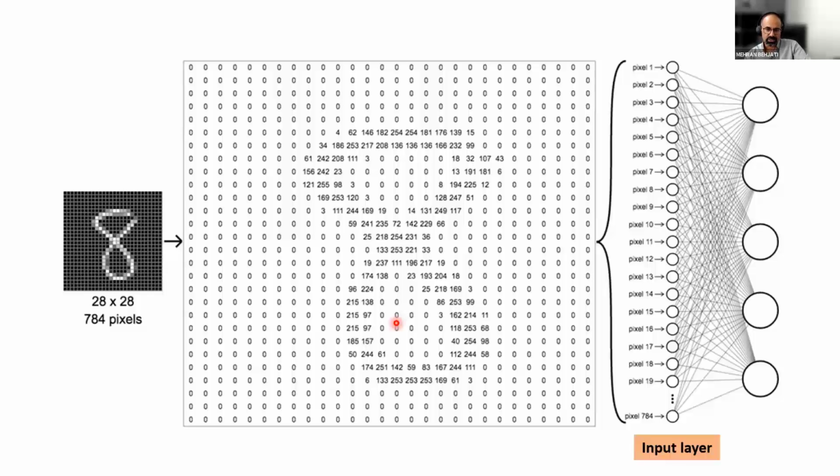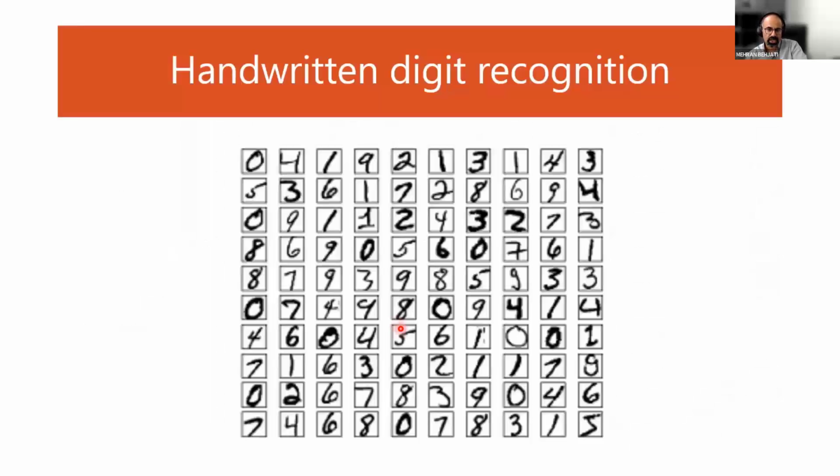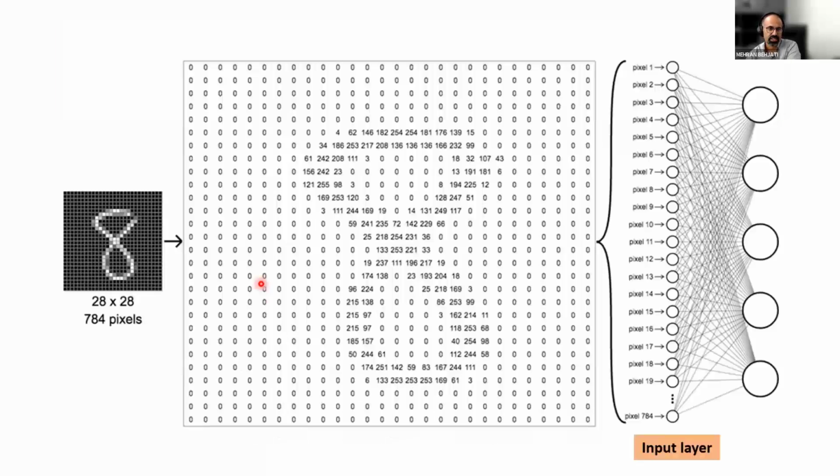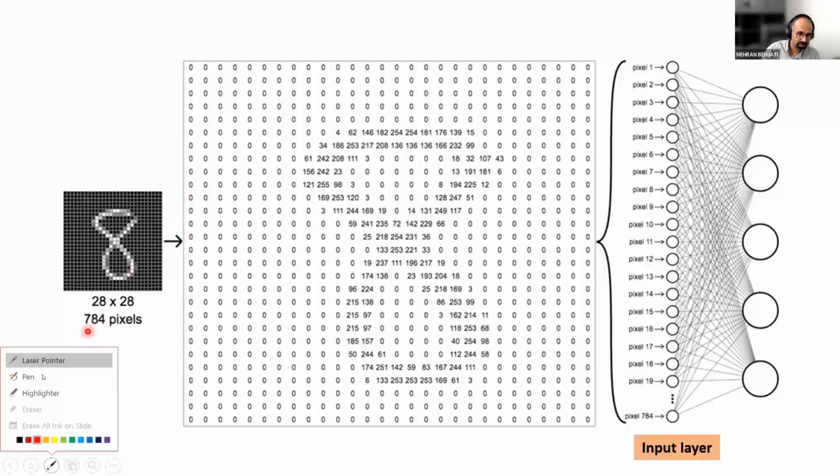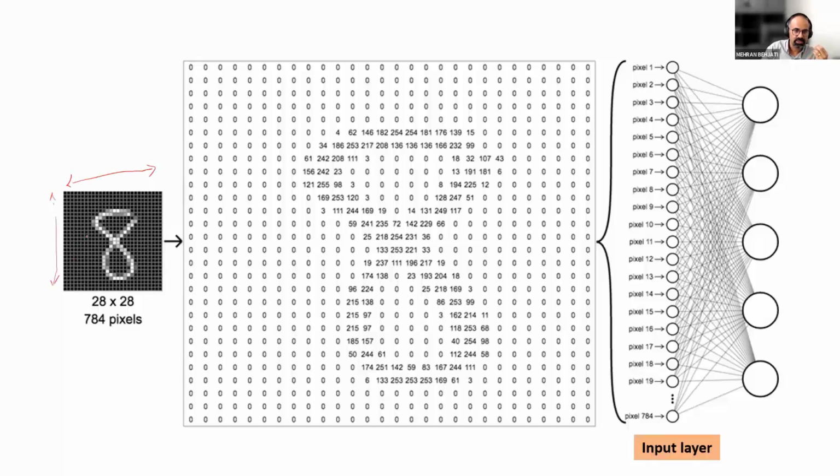So we assume that we want to work on one of these pictures, for example, this 8 that is here. This picture may be in size of 28 by 28 pixels.